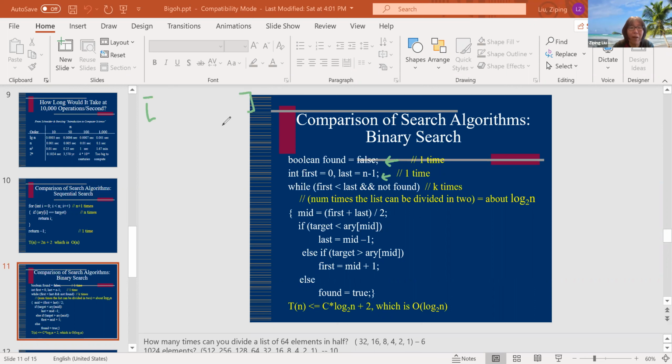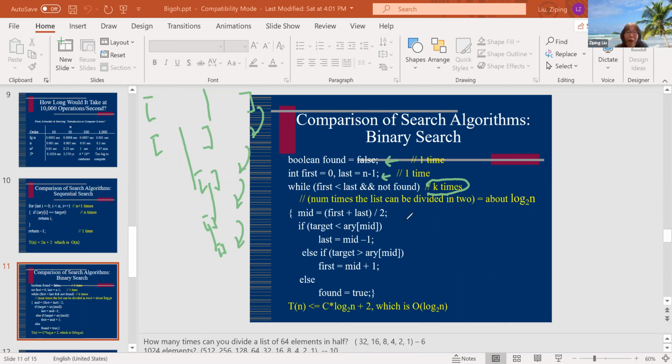You originally have this big array, then cut it by half, then cut another half, and another half, so you keep cutting by half. The question is how many times you need to cut by half. We don't know, so you can assume it's k times. Later on we will see how to figure out this k.